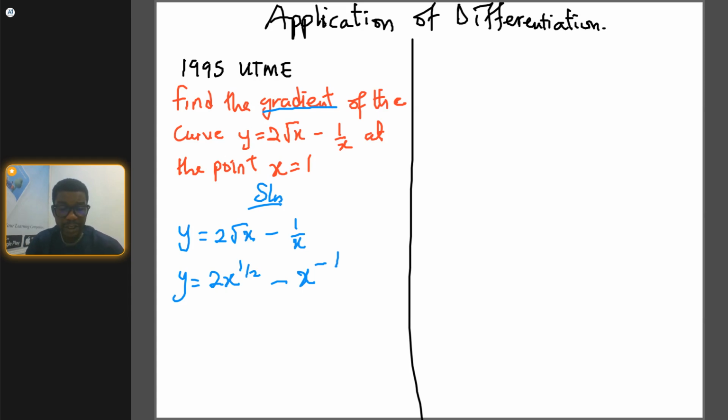So with this expression now, we can go ahead to find the dy/dx of this expression.